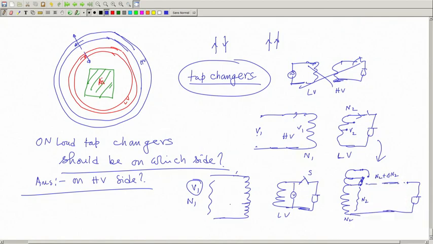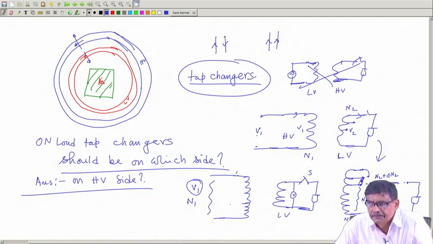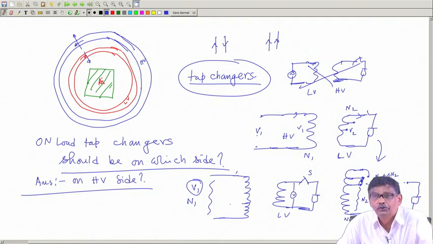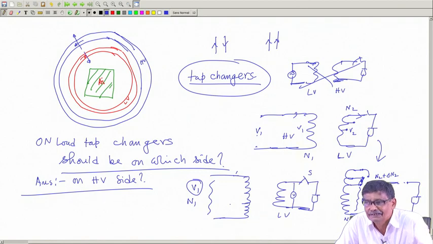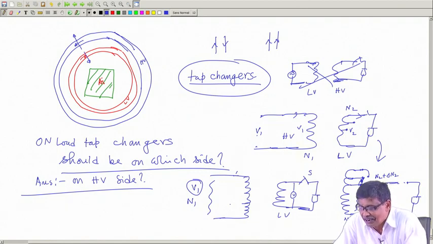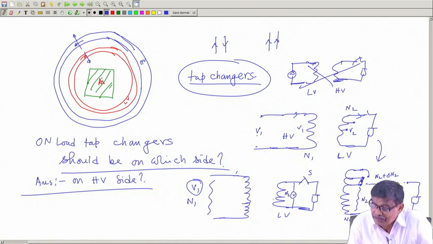Should N1 be increased or decreased? Voltage per turn should be increased. Then only the secondary voltage will rise. Secondary voltage I am not touching, it is N2. Therefore, tapping should be here. This is N1, then a lesser number of turns.